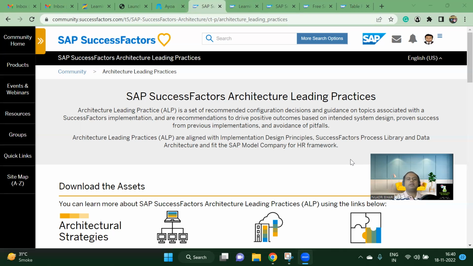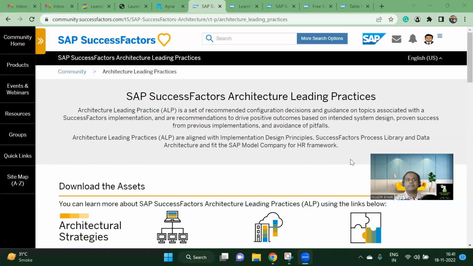ALP is kind of a North Star for any organization implementing SuccessFactors, whether you are from the client end or from the consulting side. You should always follow these assets. When I started, this kind of asset was not available, but over a period of time the SAP team recognized that this is a very necessary document, so that we can save those projects.